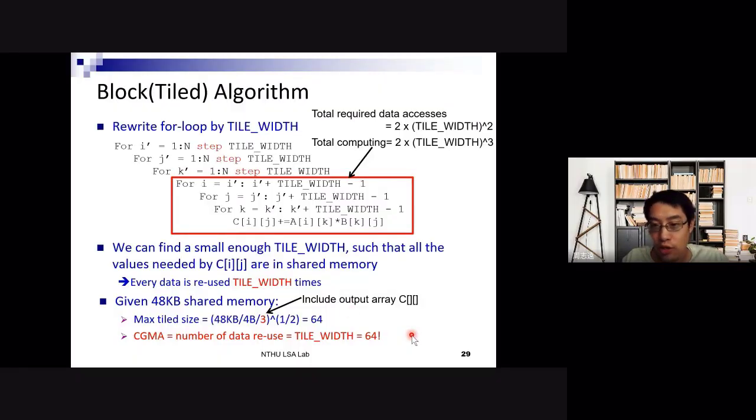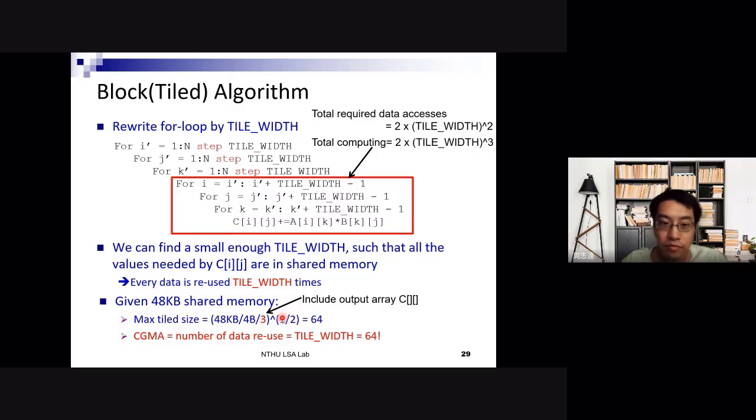But this, of course, is not always the case, right? It all depends on your computation. After you analyze it, then you can determine the maximum tile width you have, and then you can derive the best CGMA ratio you can achieve with the limited space on shared memory.